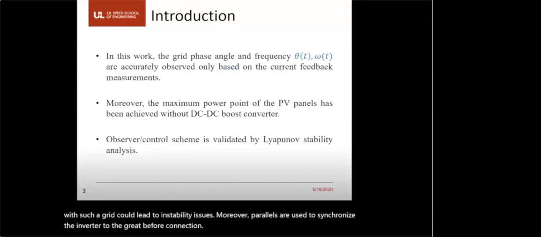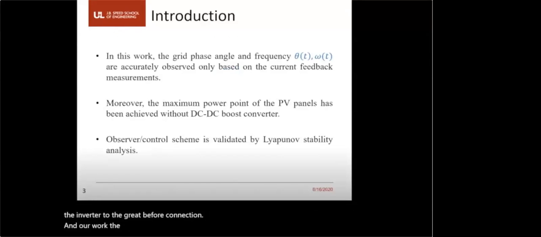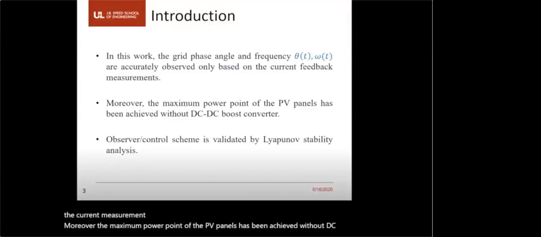In our work, the grid angle and frequency are accurately estimated or observed based on the current measurement. Moreover, the maximum power point of the PV panel is achieved without a DC-to-DC boost converter.